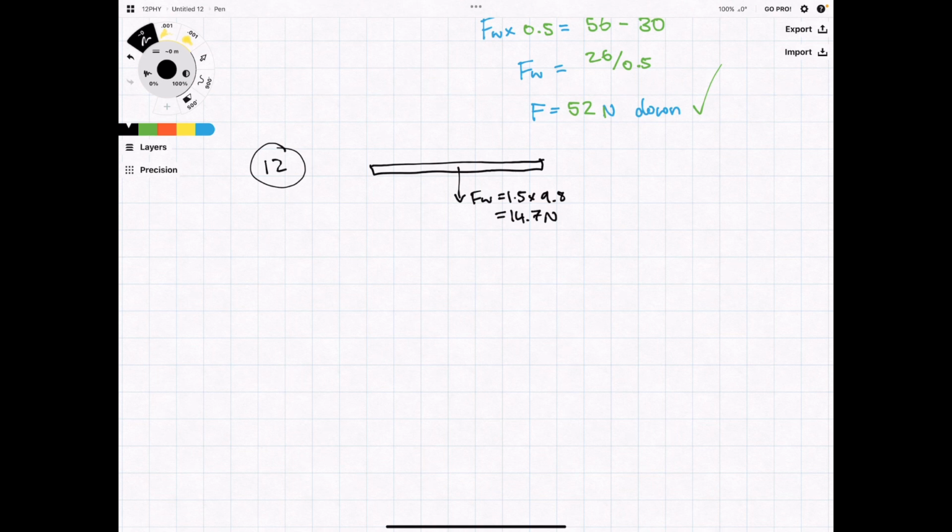Okay. And she's going to place a weight force down here, a mass. Okay. And we need to think about how far does her finger have to be. So her finger becomes the pivot.